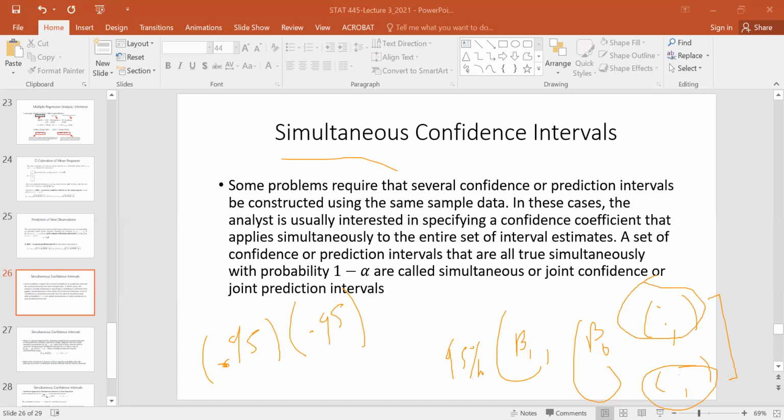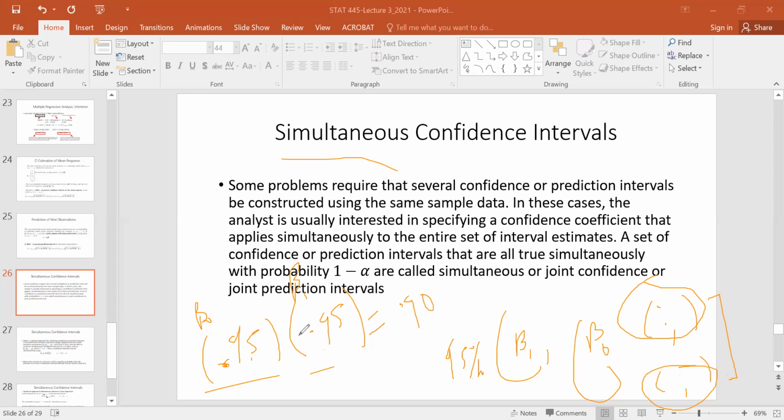The idea is this: if beta 0 is here and beta 1, you have 95% for this, 95% for that. When you multiply them, it's approximately 0.90. It's not 95%. So if you have separate 95% for beta 0 and beta 1, then you are actually saying that at 90%, this is true and this is true, where they are at the same time true, simultaneously.